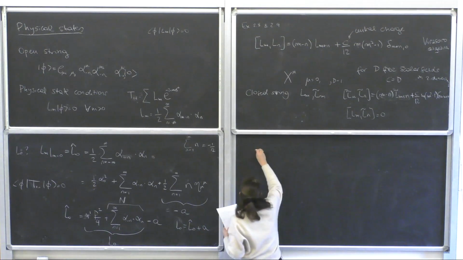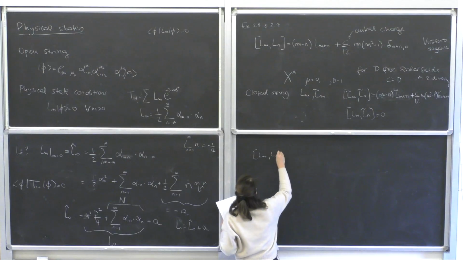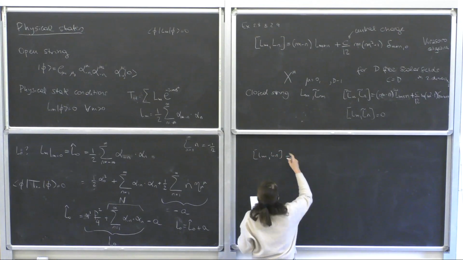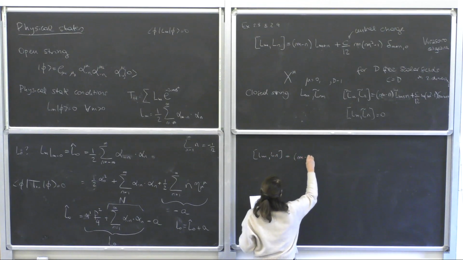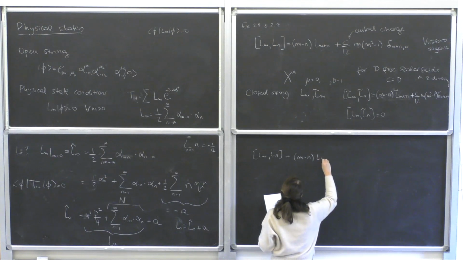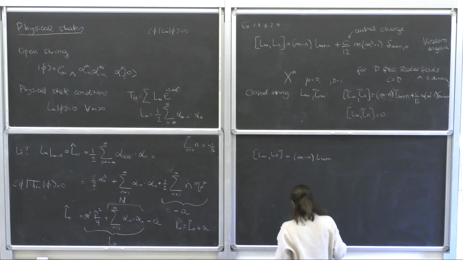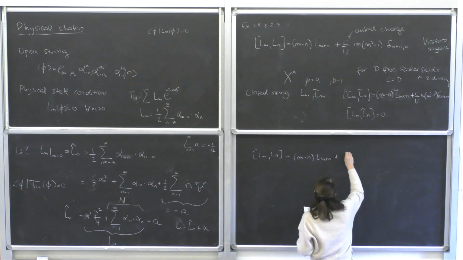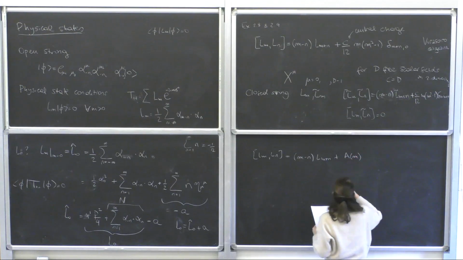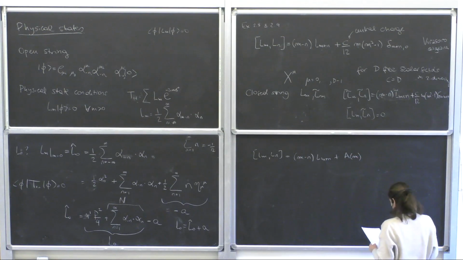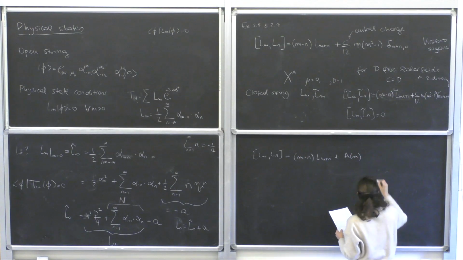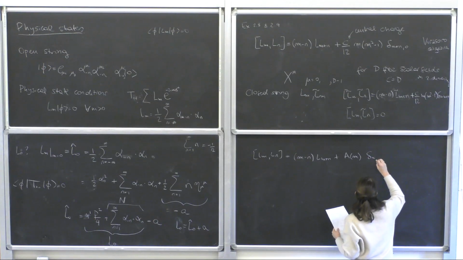If you do these commutators, Lm, Ln, what you get is this part, as I said, that's easy, L m plus n. And then you get some constant that depends on m, and then a delta m plus n, 0.